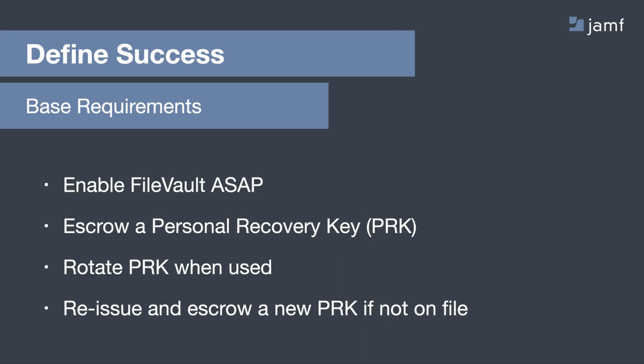Enable FileVault as soon as you can to ensure that data is safe at rest before you give access to additional materials. Escrow that personal recovery key, rotate it when you use it, and ongoing, you may also have something set to reissue and escrow a new personal recovery key or PRK if it's not on file.